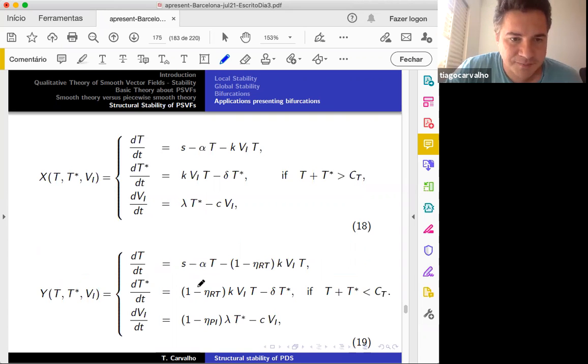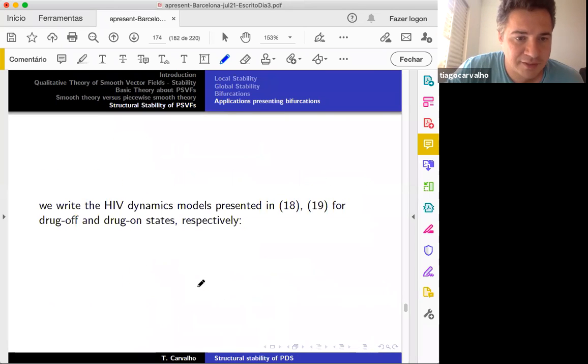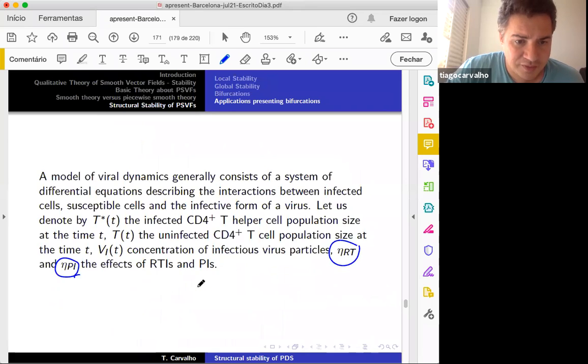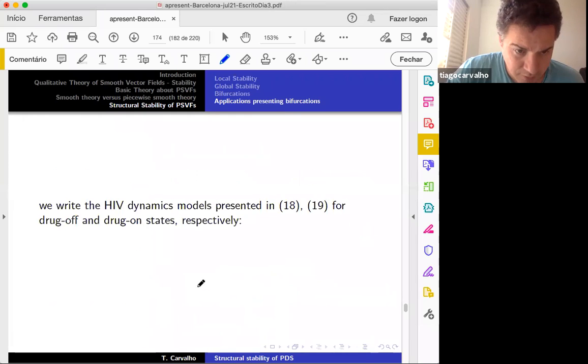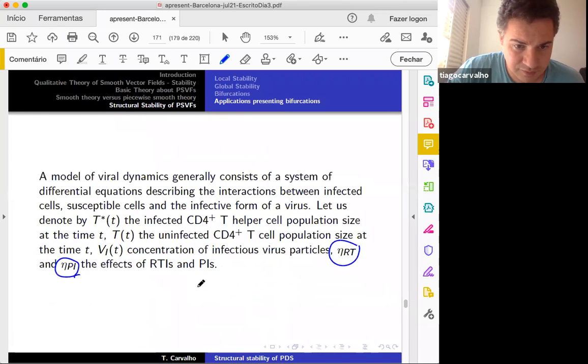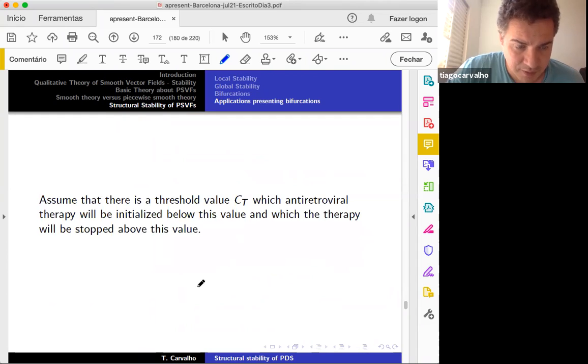What's happening here, okay? What's happening here? Let me explain which are these parameters. First of all, the nowadays treatment of this disease allows us to have some periods without any treatment, okay?